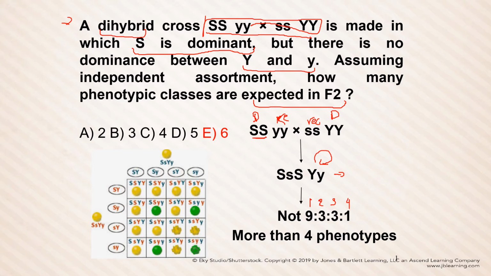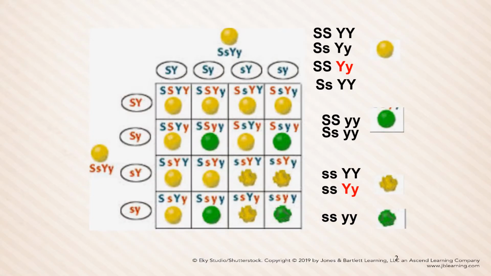However, as we don't have complete dominance in the gene Y, here you are going to get more than 4 phenotypes. So let's see why. Here is the same exercise that Mendel did. You have 4 phenotypes.